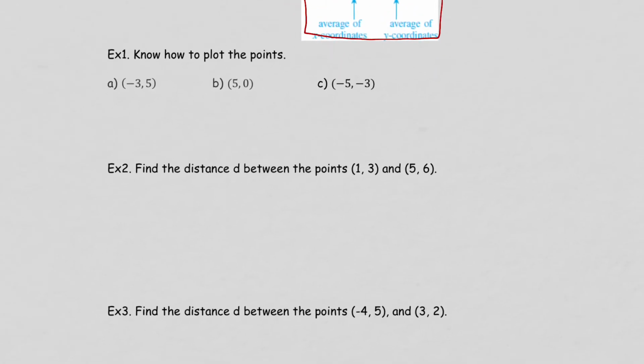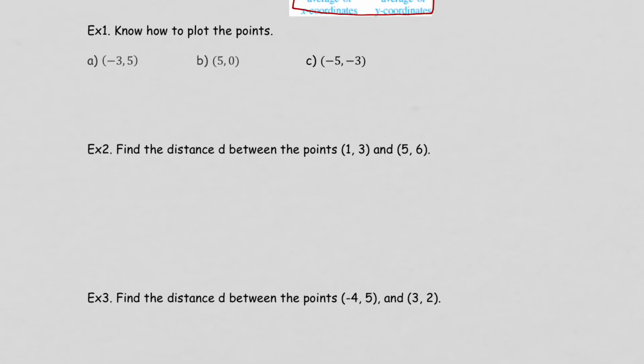The first example I wanted to do is making sure we understand how to plot the points, right? So I'm going to graph the y-axis and x-axis and see if you can plot the points.